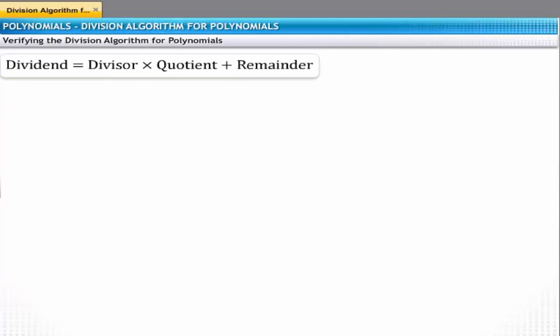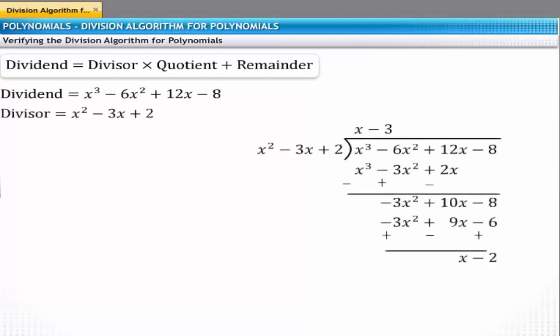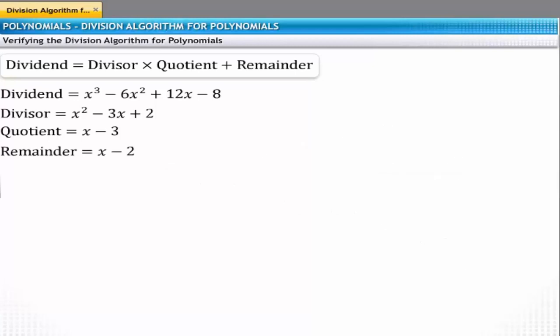Let's now verify the division algorithm for the polynomial division just performed. Here you have divided x cubed minus 6x squared plus 12x minus 8 by x squared minus 3x plus 2. On performing the division, the quotient is x minus 3 and the remainder is x minus 2.